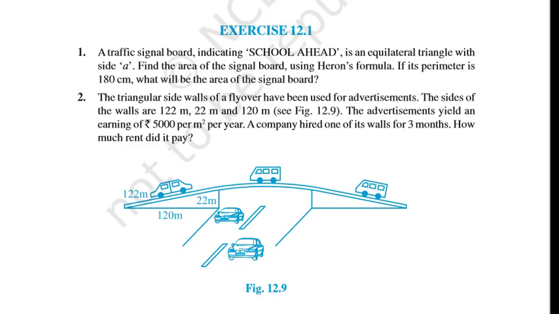So let us start. So here we can say that, given, triangle ABC is an equilateral triangle.